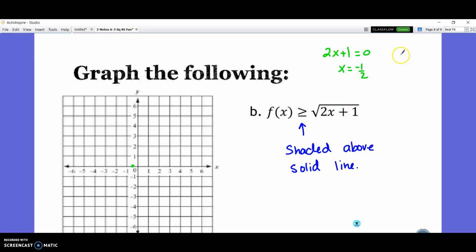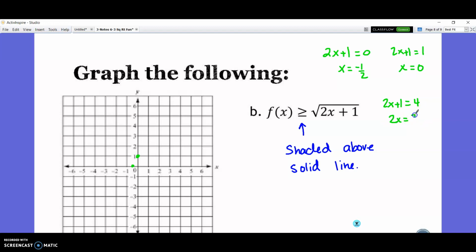Another number that we can take the square root of is 1. So 2x plus 1 could also equal 1. So in that case, x would equal 0. So when x is 0, we get the square root of 1, which is 1. 2x plus 1 could also equal 4.